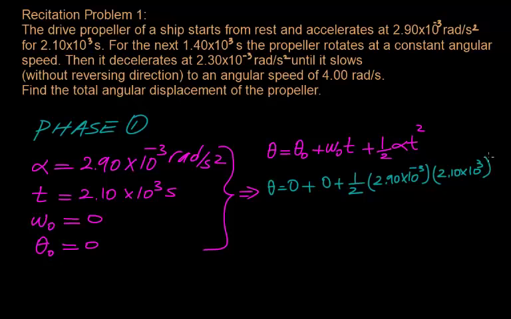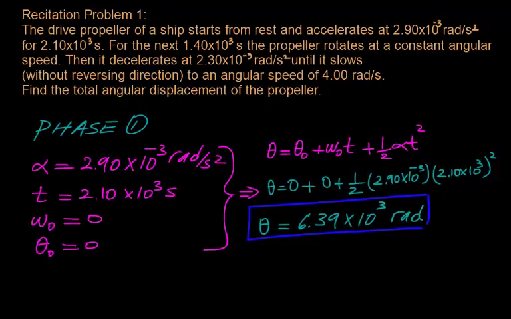Make sure you square this quantity. Solve for the theta. You obtain 6.39 × 10^3 radians. Let me call this theta 1 to differentiate it from the others.